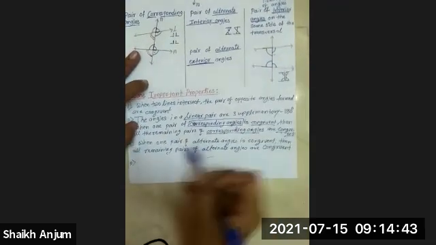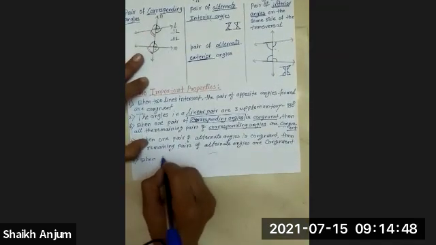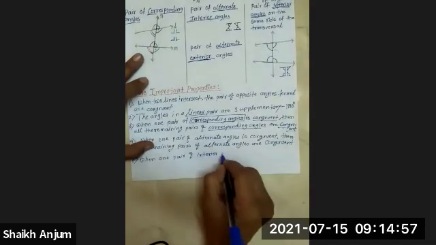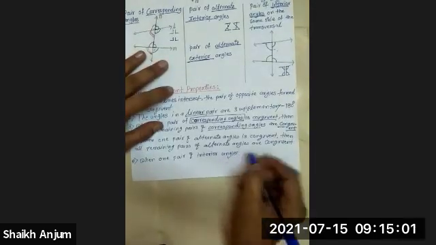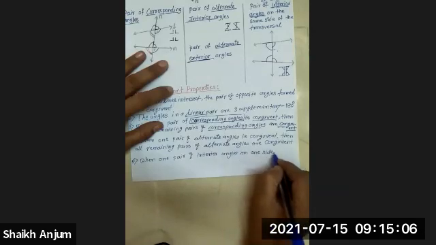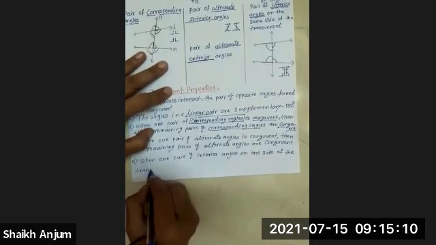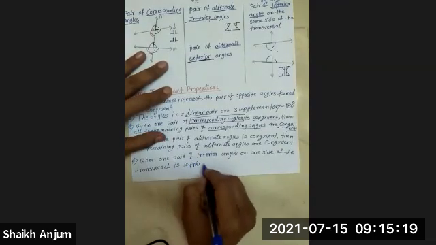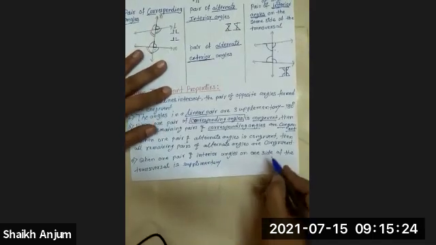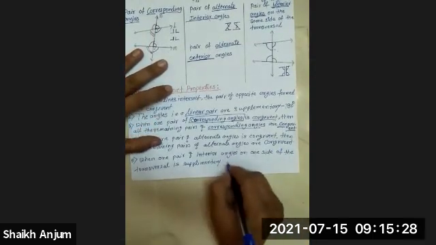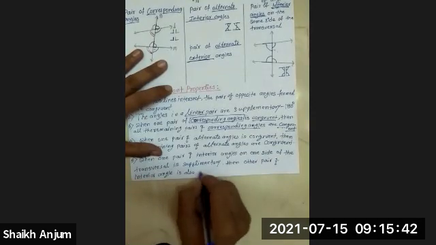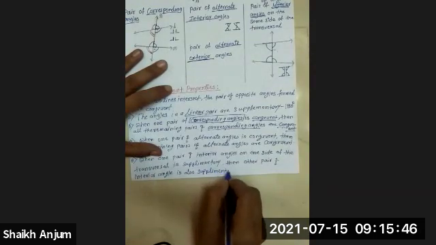When one pair of interior angles on one side of the transversal is supplementary, then the other pair of interior angles is also supplementary.